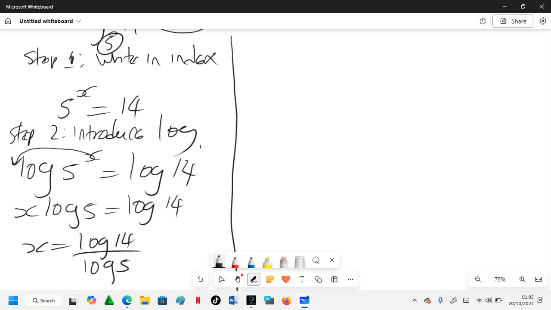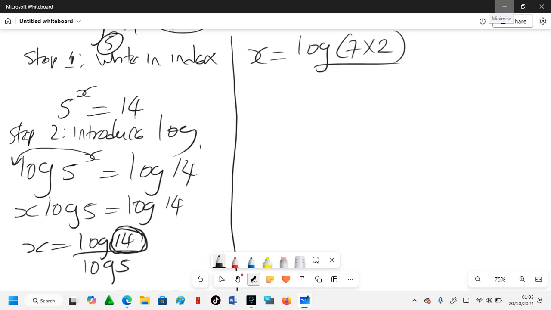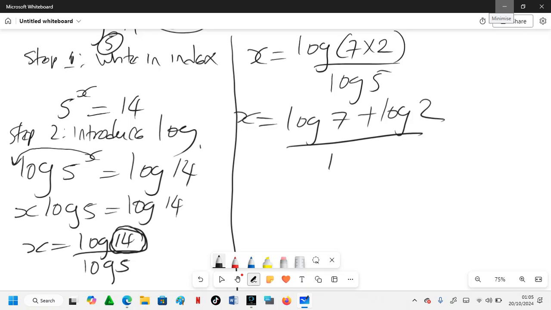And remember, as I said, this one cannot be read directly from the tables, but you can make it readable. You can say that log 14 is just the same as log 7 times 2, which is just the same as log 7 plus log 2 over log 5.